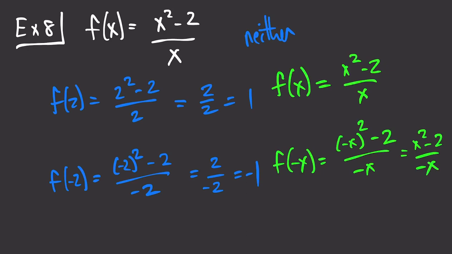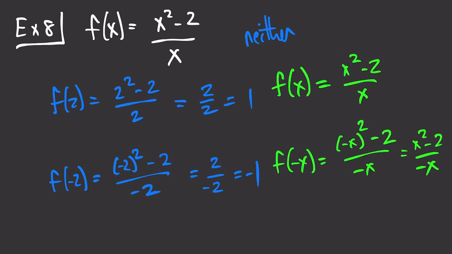And as you compare these two fractions, remember what would make one fraction the opposite of another. It's not negating every single term in the fraction. It's either negating the numerator from one to the other or negating the denominator. So if you notice here, our denominators are opposites while our numerators are the same.